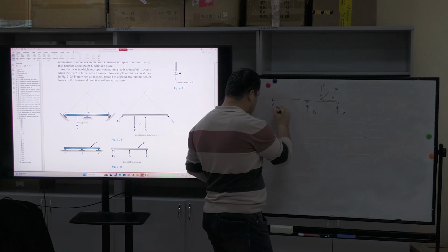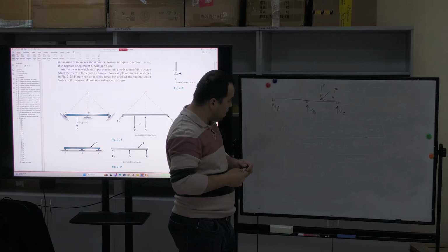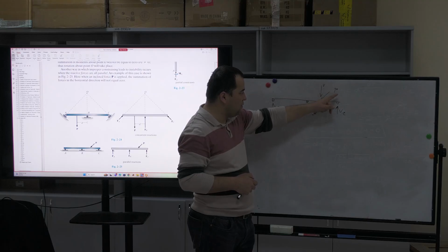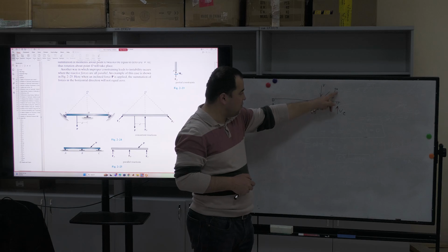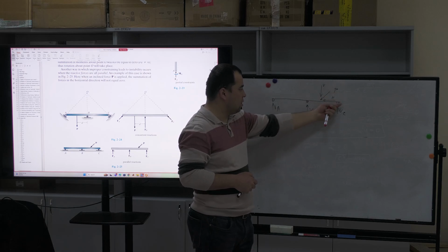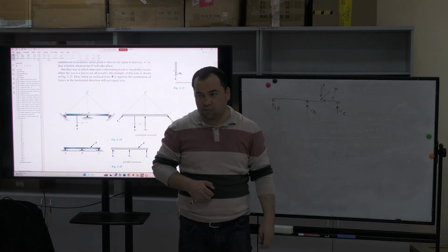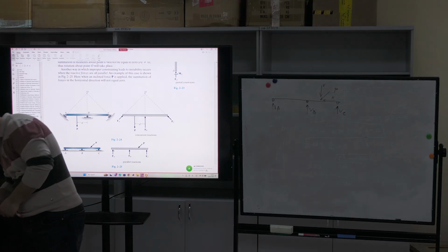Let me write here. Vertical, vertical, vertical. But we have one horizontal force, which is some shadow of the force P. The shadow of the force P is acting in this direction. That's why in this direction it is impossible to find the horizontal force. Okay?